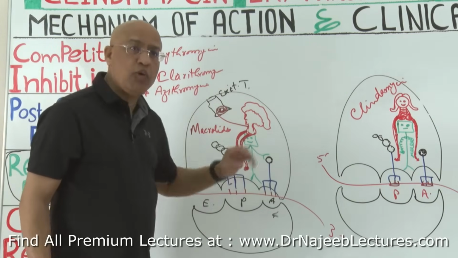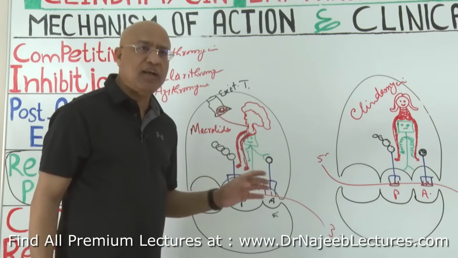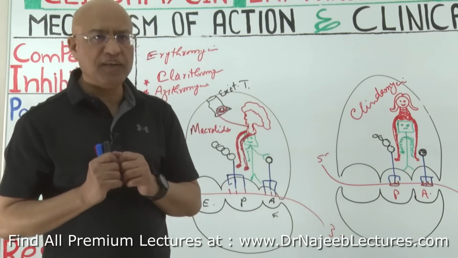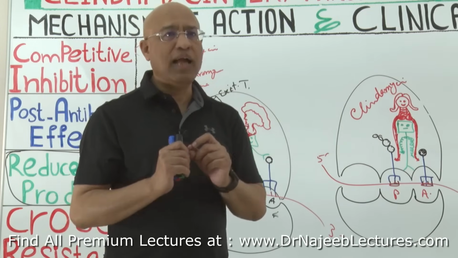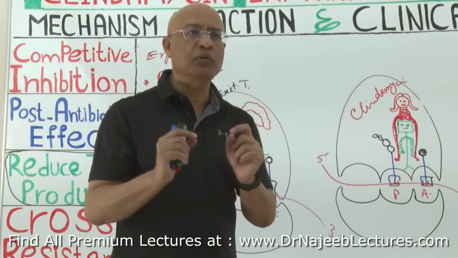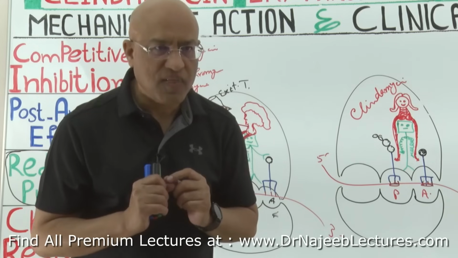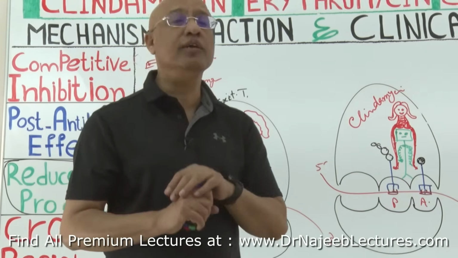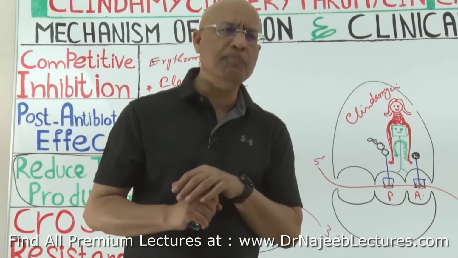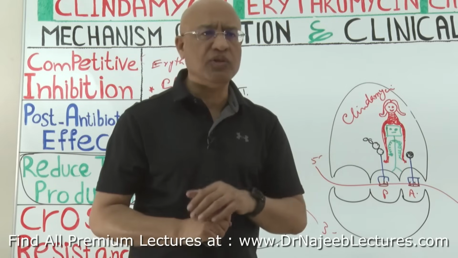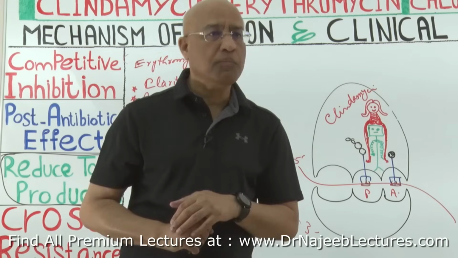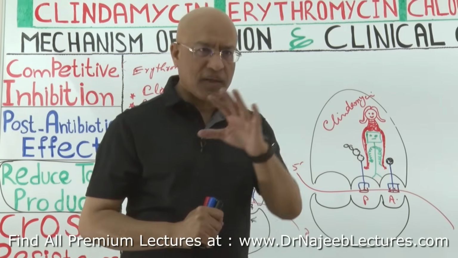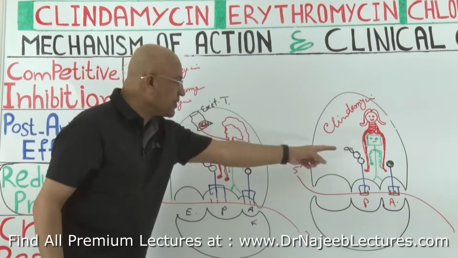All these molecular distortions will result in failure of transpeptidation and failure of ribosomal translocation, and both these phenomena will end up in failure of protein synthesis. They are bacteriostatic in most cases, and in some bacteria in very high doses, these drugs, especially newer antibiotics, might produce bactericidal action. Is that right? So now you can see the difference in them.